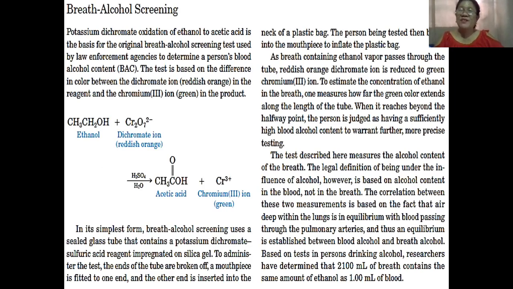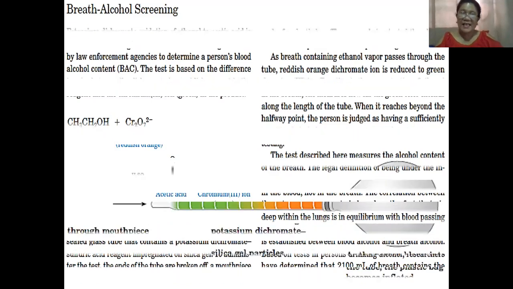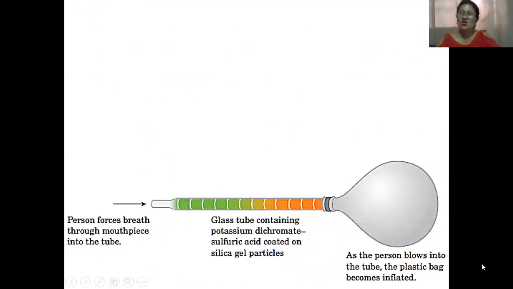It is a tube wherein the content is potassium dichromate and sulfuric acid coated on silica gel. The driver is made to blow into it, because the police officer smelled that he seemed to have been drinking, so that he could not say he did not drink, sir.